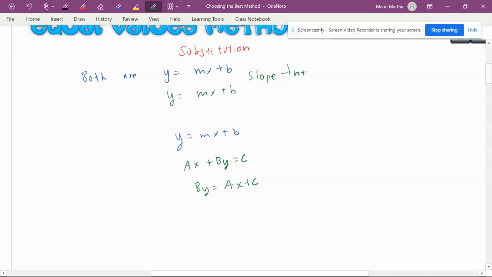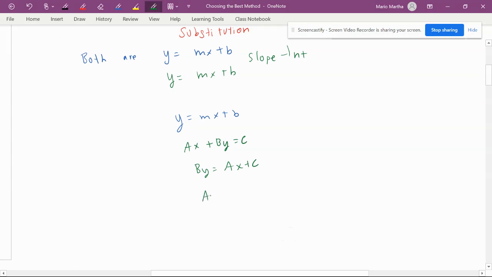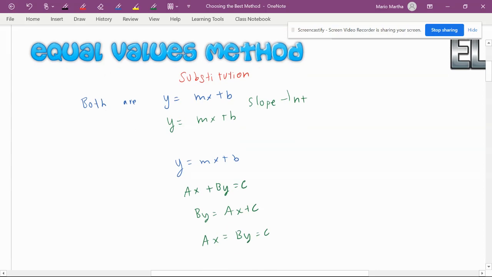For example, there's a number in front of the y, or in ax plus by equals c, there's a number in front of the x. It might be a little easier to solve using the equal values method, the substitution way, if we have it in either of those forms.